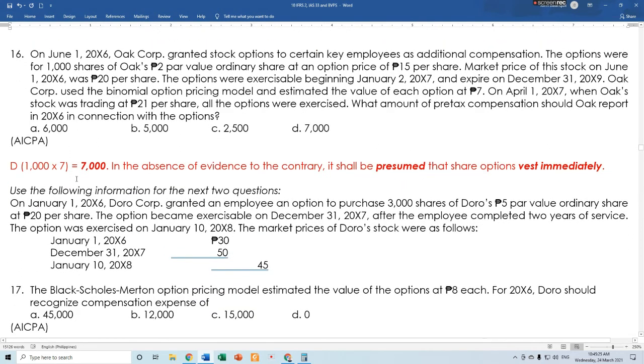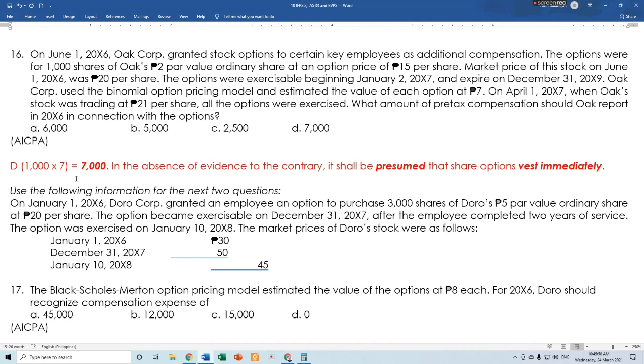For number 16, AIC Pay adopted ulit. On June 1, 2026, Oak Corporation granted stock options to certain key employees as additional compensation. The options were for 1,000 shares of Oak's 2 peso par value ordinary shares at an option price of 15 per share. The market price of this stock on June 1 was 20 pesos per share.